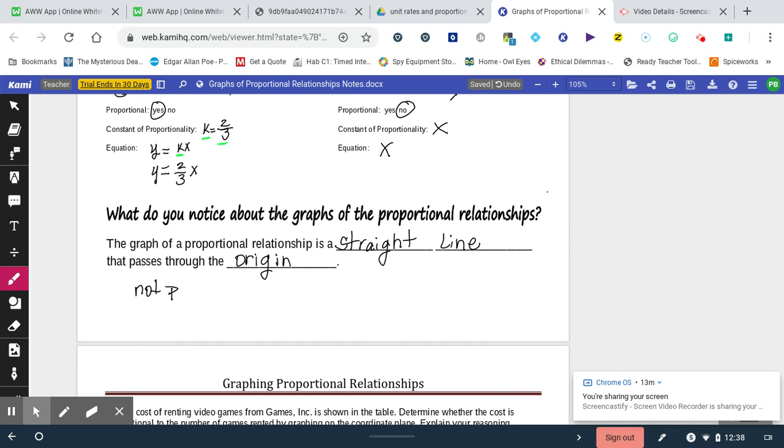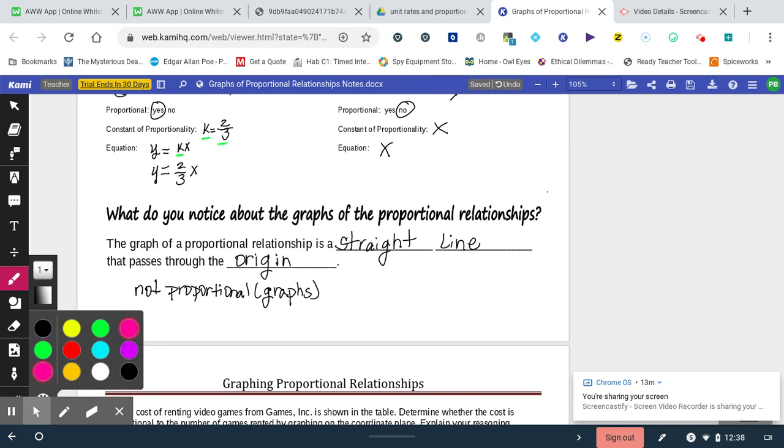All right, so let me give you some that are not proportional. Graphs that are not proportional. Okay, so let me make a coordinate plane. Suppose my coordinate plane, that was y, and this was x.